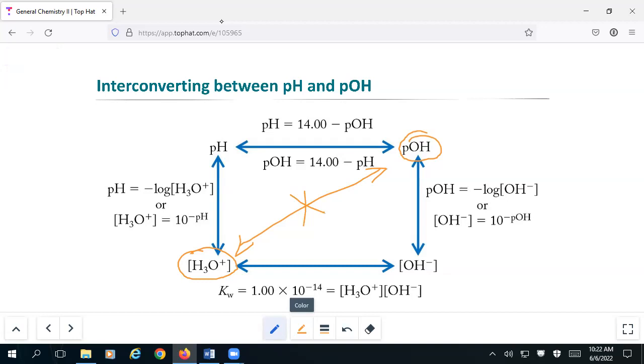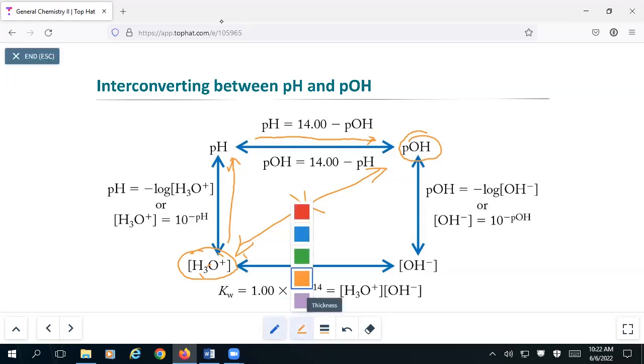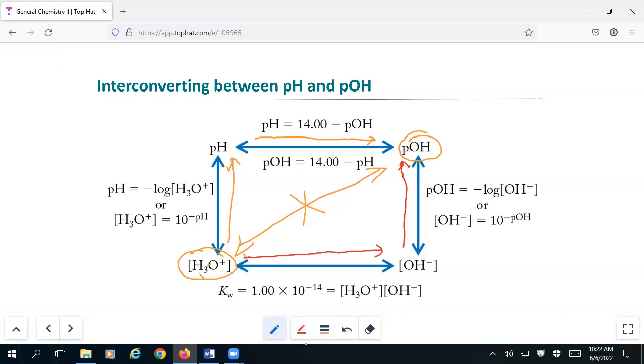But I can turn the hydronium concentration into a pH by taking the negative log of it. And I can turn the pH into a pOH by subtracting that number from 14. Or I could turn the hydronium concentration into hydroxide using Kw, and then take the negative log of that to turn it into pH, or excuse me, pOH.